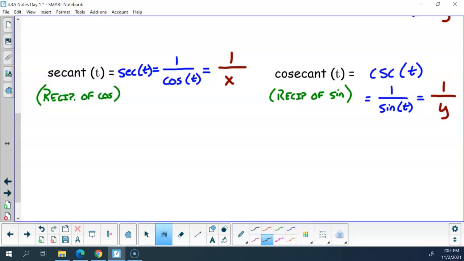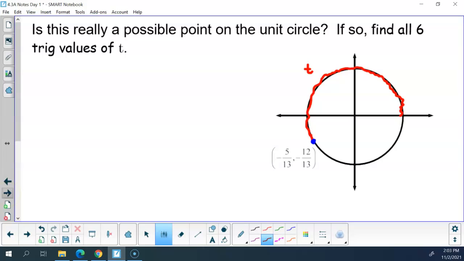Now, again, those only work if we're on the unit circle. So one of the flavors of problems that we could give you looks like this. Is this really a possible point on the unit circle? Because if it is, we want to find the 6 trig functions for it. So the first thing we've got to do is make sure that it's on the unit circle.